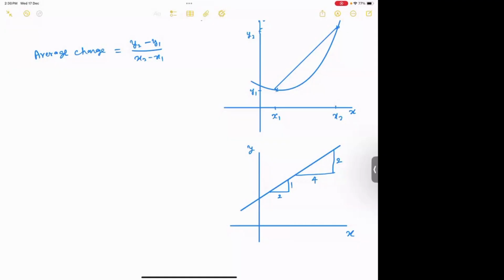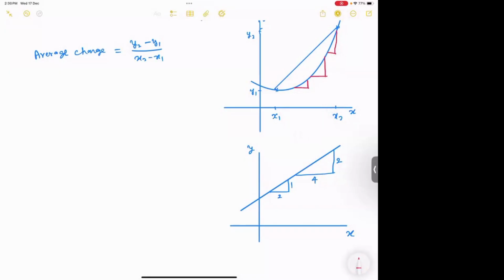But if we have a curve, then you see that rate of change, if you take any 2 points, keeps changing. Say if I'm taking 2 points here, it is different. If I'm taking here, it's different. Here it is different.